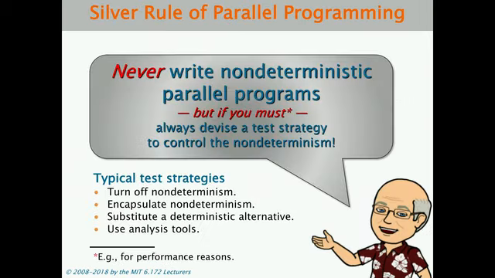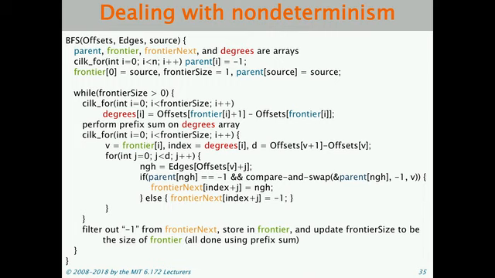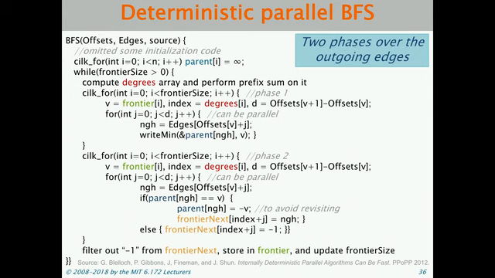OK, so let's see how we can try to fix this non-determinism. As we said, this is the line that causes the non-determinism. It turns out that we can actually make the output BFS tree deterministic by going over the outgoing edges in each iteration in two phases.